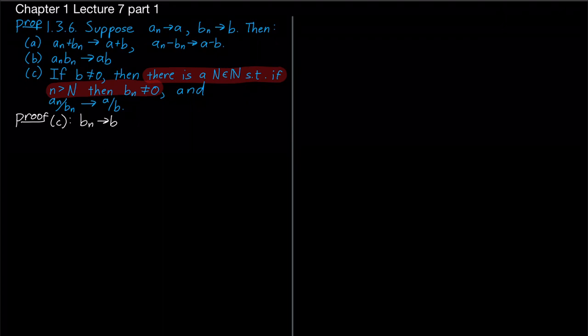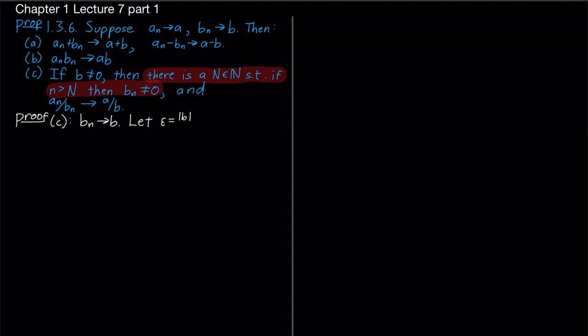Bn converges to B. So we're going to start by letting epsilon be the absolute value of B over 2. And we're using the fact that Bn converges to B, and we're using the fact that we've proven proposition 1.3.3c.